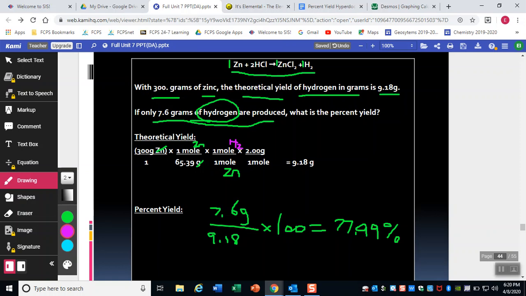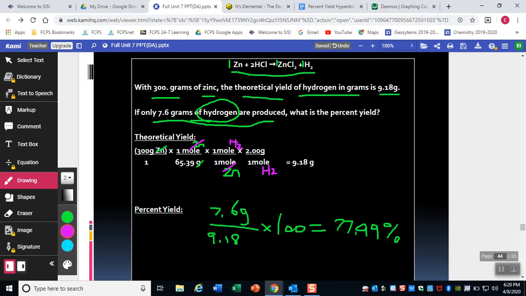Now that doesn't seem important because that's just 1 over 1, it's 1, but it's very important because that makes the zinc go away, and now I'm talking about hydrogen. And it's not always 1 to 1. So now I've got 1 mole of hydrogen, and I've got to remember that's diatomic, so it's always with another hydrogen. So 1 mole is not 1 gram, it's 2 grams.